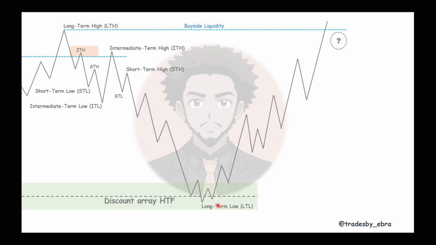The PDRAs are better on a higher time frame, as we're going to see in episode 6. We're going to talk about liquidity, the PDRAs, and how to use them. So this is the institutional order flow structure.